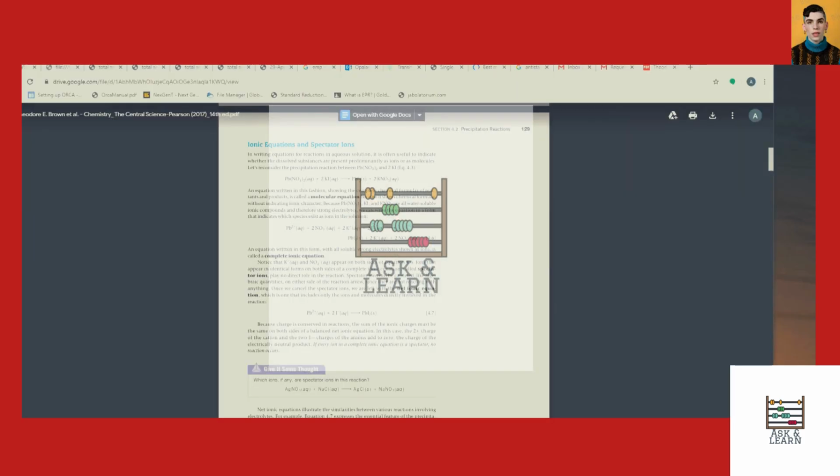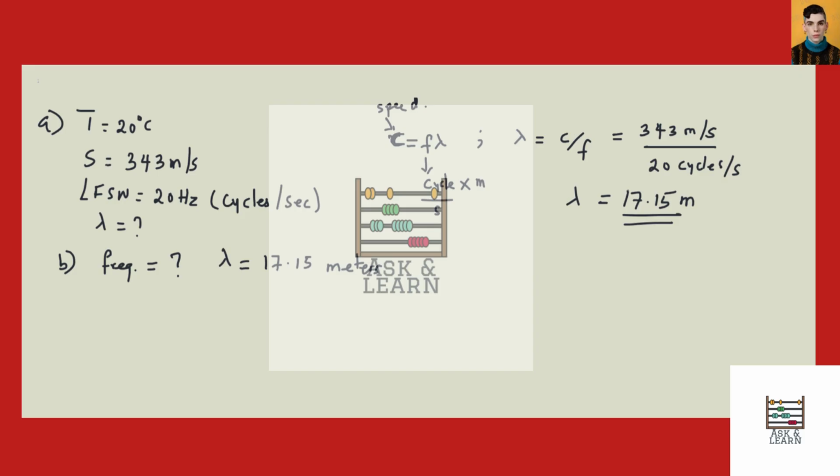So how do we determine what the answer to this will be? What we need to do is first understand the situation that we are dealing with. Here we're looking for the frequency, and we've calculated the wavelength. So what equation connects the frequency to the wavelength?